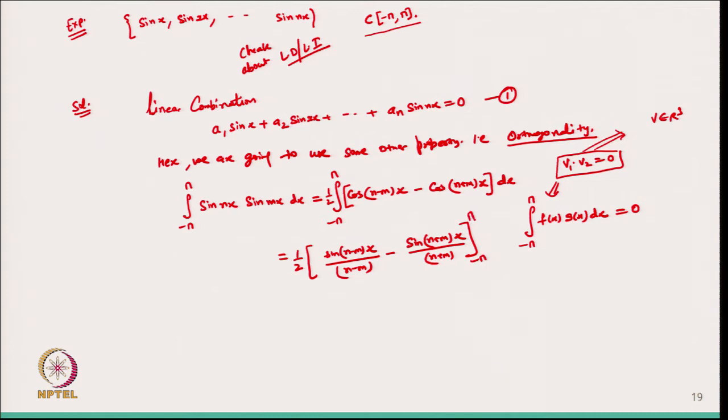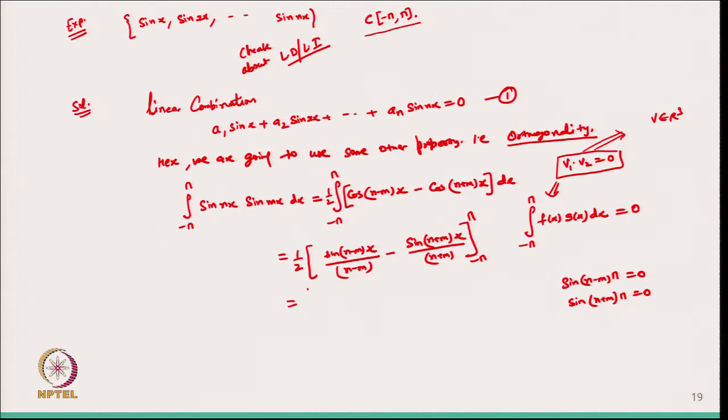and then substituting the limits. Now, n and m are integers here. So, sin((n minus m) pi) is sin of some integer multiple of pi, so this will be 0, and similarly sin((n plus m) pi) is also sin of an integer multiple of pi, so it is also 0, and similarly for minus pi.